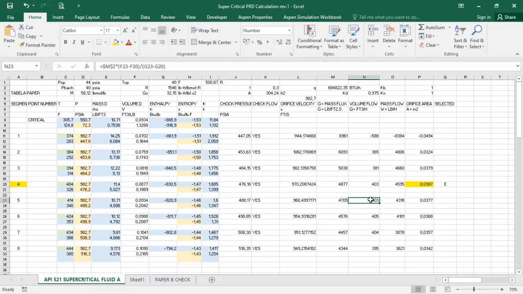After that, I calculate the volume flow based on the differences between my specific volume and my enthalpy multiplied by my heat rate. And finally, I do the calculation of the mass flow based on the volume flow divided by my specific volume at the release conditions.